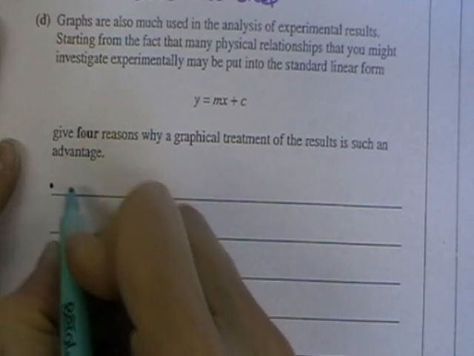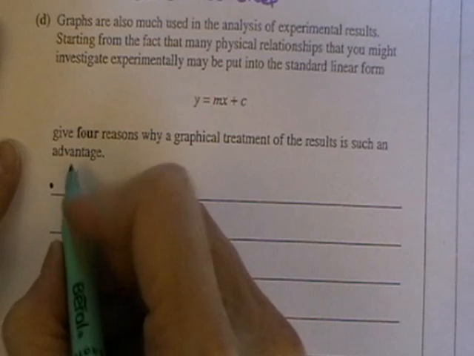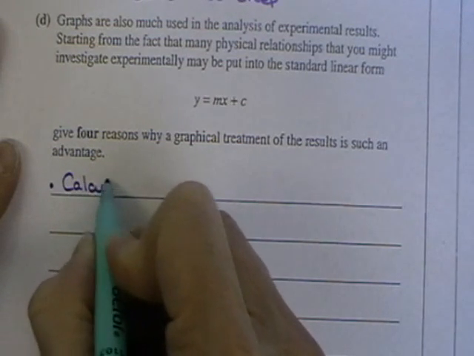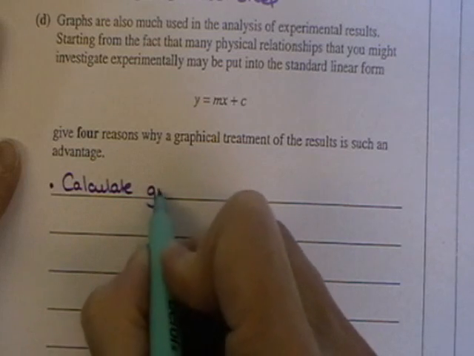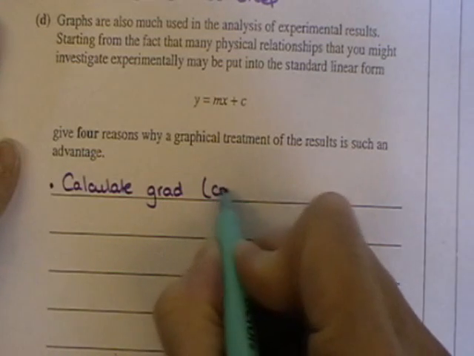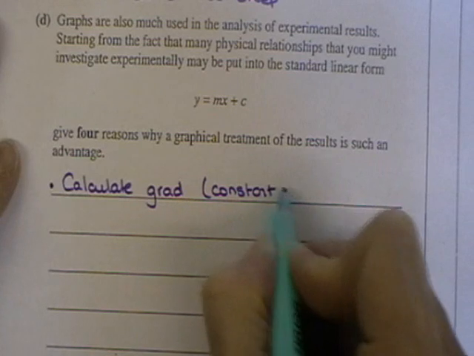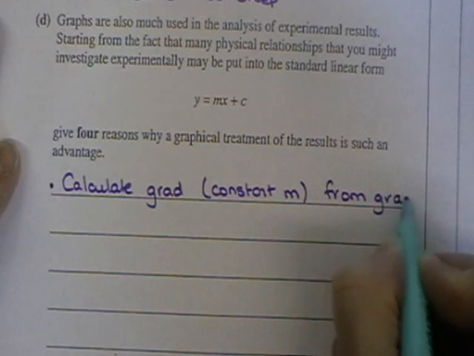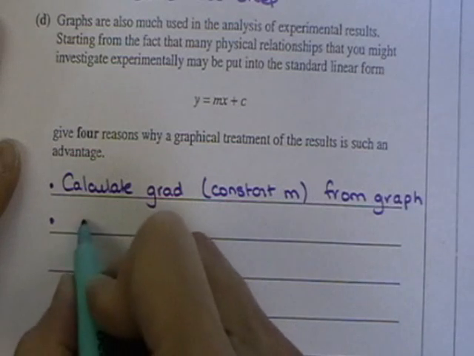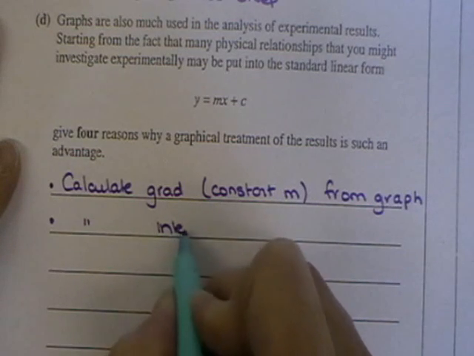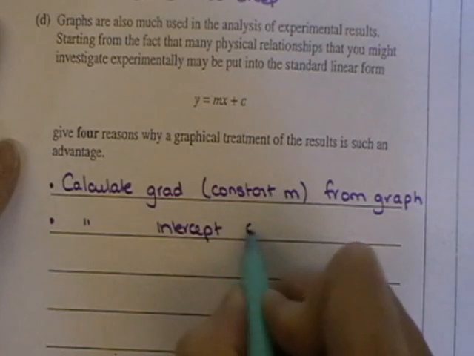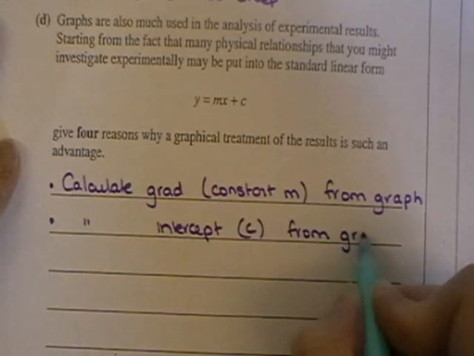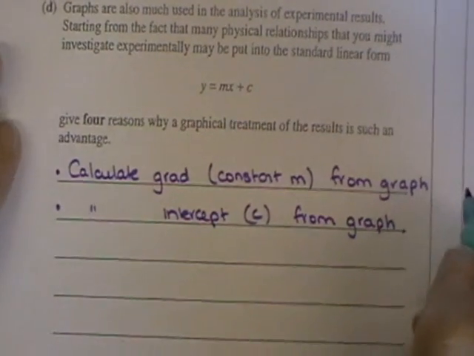Well, the first advantage is that, first of all, you can calculate a gradient and hence some kind of constant from the graph. You can also calculate an intercept value, and that's that constant c from the graph where the line crosses the y-axis.